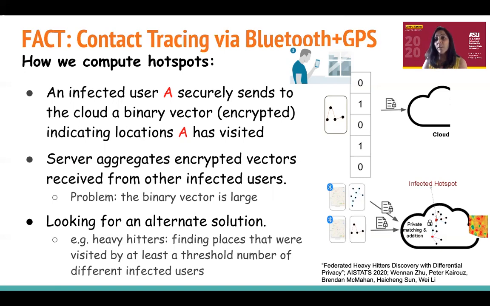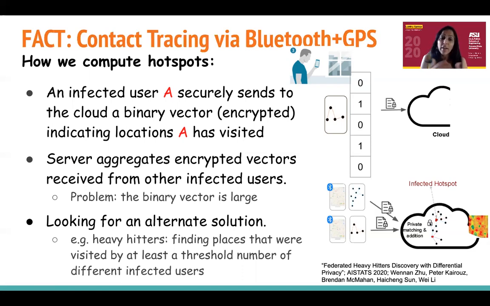And this is what a user, when they're infected, and for about 14 days after they're infected, will continually upload to the cloud. Right? So there is a genuinely fundamental problem in this case, because if you were doing this not just on a campus, but across cities, towns, even states, the length of this vector can blow up very quickly.